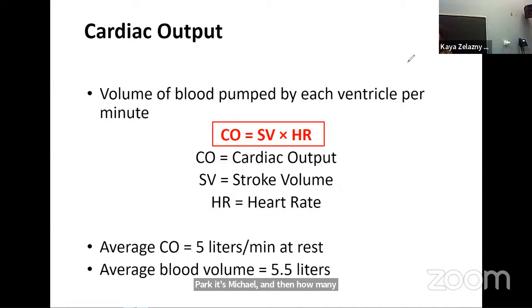That's all you need to understand in order to figure out how much blood gets to the body in a minute. So that's what creates this equation, right? We ask ourselves how much blood is going out to the body every minute. That is the definition of our cardiac output.